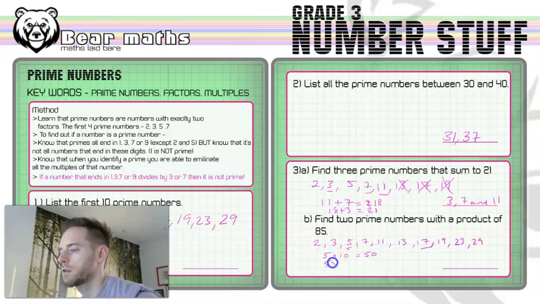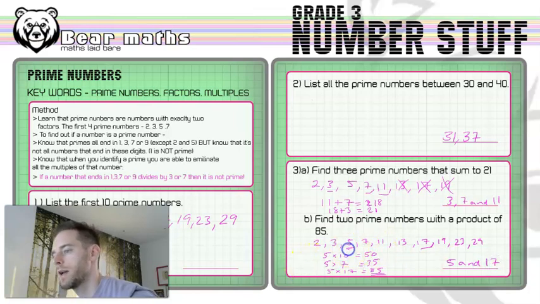And then 5 times, this is what's gone on in my head here, 5 times 7 is 35, and if I add those 2 I get 85, so that means that 5 times 17 is equal to 85. That's just kind of what I was thinking there. Alright, so I found them, 5 and 17. There we go. Right, so that does take a little bit of playing around with. That's why it's one of those more difficult questions.